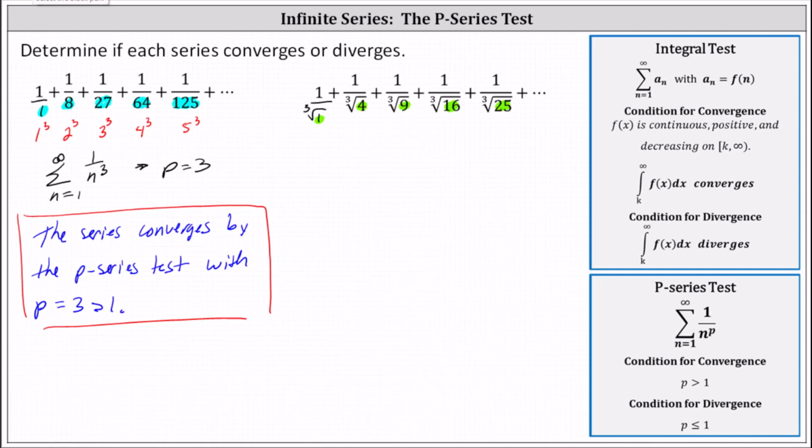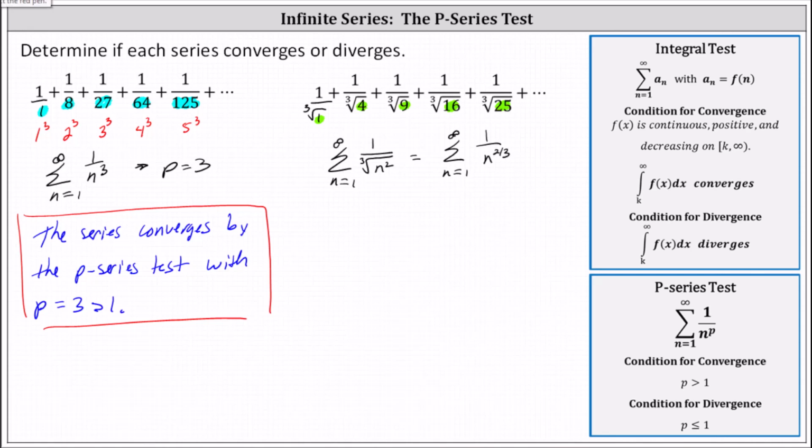We can write the infinite series as the sum from n equals 1 to infinity of 1 divided by the cube root of n squared, which we can also express as the sum from n equals 1 to infinity of 1 divided by n to the power of 2/3.